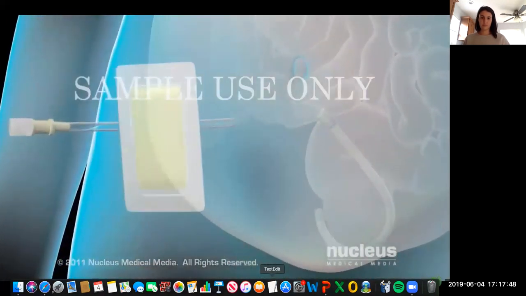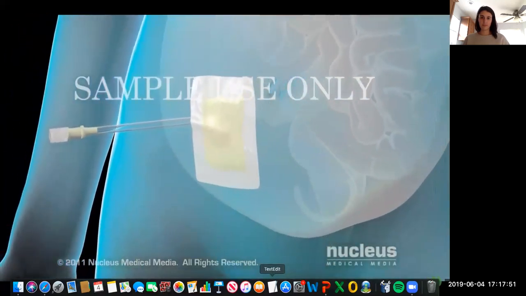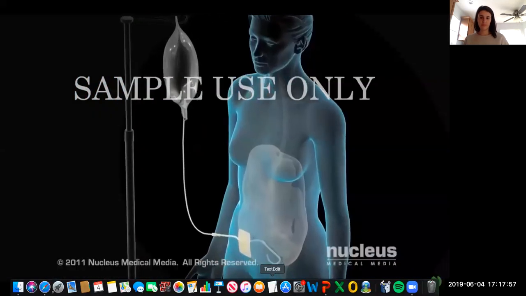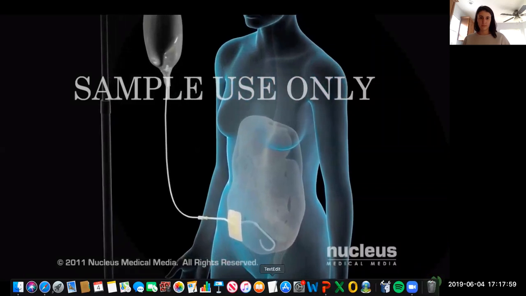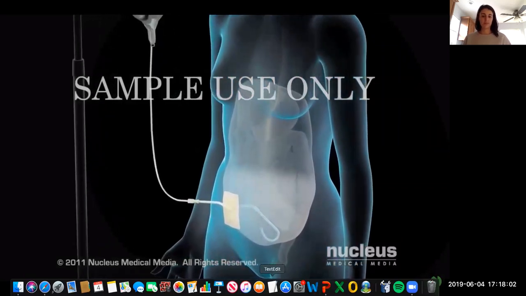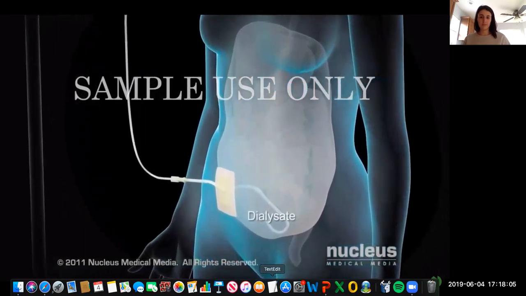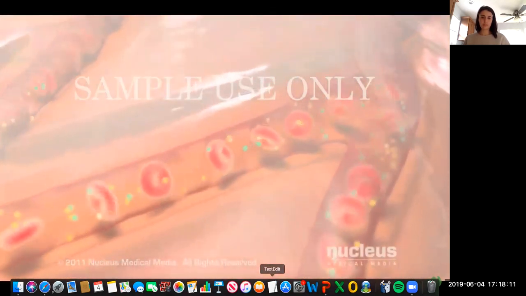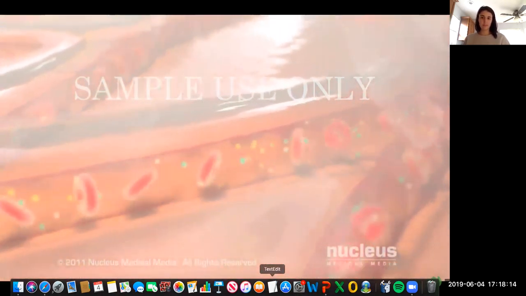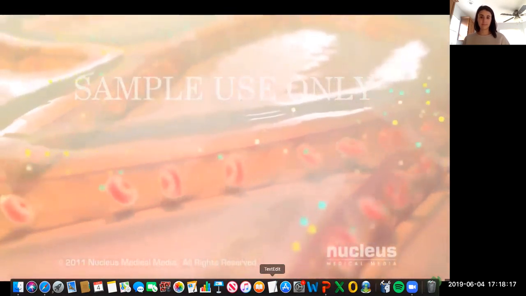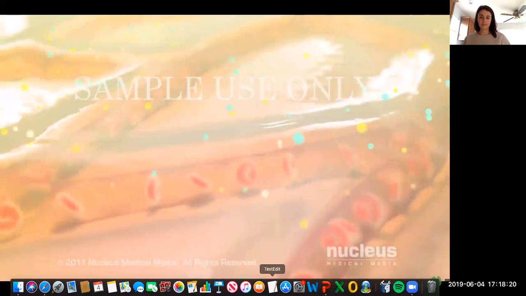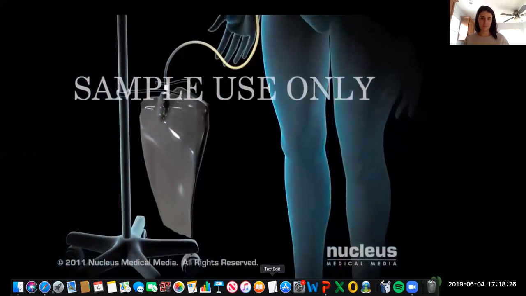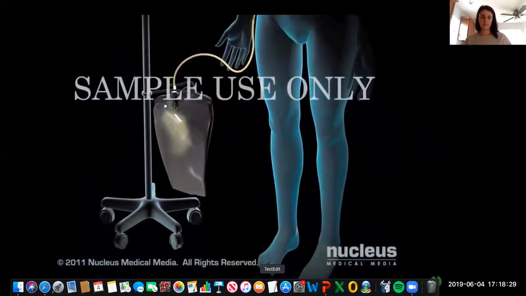Your surgeon will insert the catheter near your belly button, creating a port through which the dialysate will enter and leave your abdomen. Each peritoneal dialysis session is called an exchange. First, you will use your catheter to fill your abdomen with dialysate for a period of time determined by your doctor. Through the peritoneal membrane, waste products and extra fluid are continuously drawn out of your blood into the dialysate. Along with the waste materials it absorbed, the dialysate will drain out of your abdomen into a disposable collection bag during your exchange.